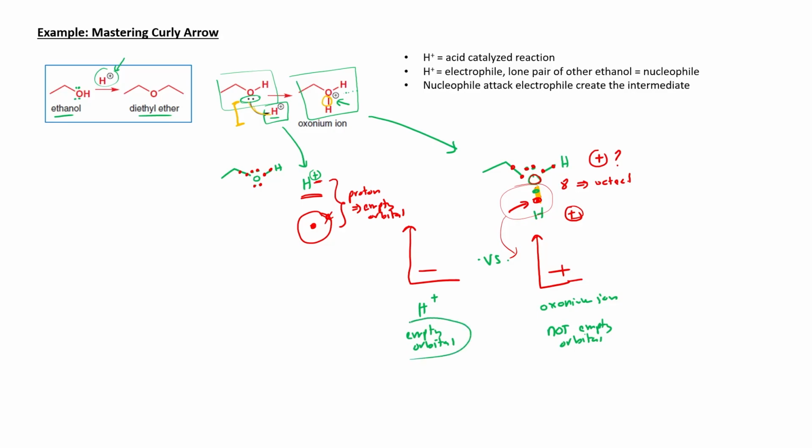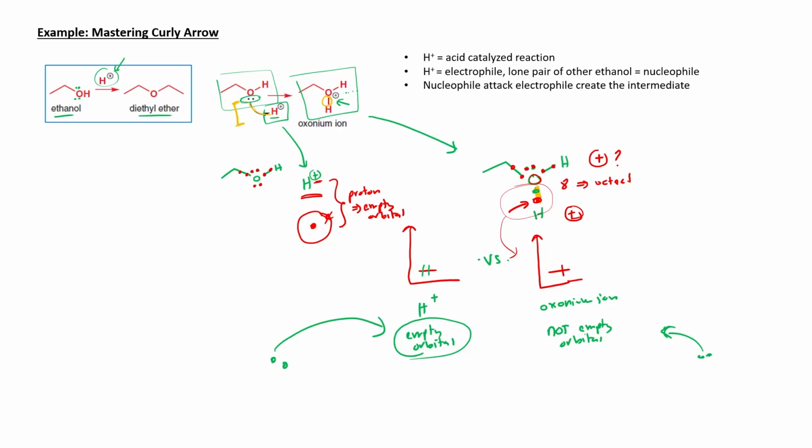When you have an empty orbital, the nucleophile can enter, because remember, nucleophile means that you bring 2 electrons, so 2 electrons can go inside this. But when you have something inside the orbital, then you cannot enter easily. 2 electrons cannot enter this, because one orbital can occupy a maximum of 2 electrons only.